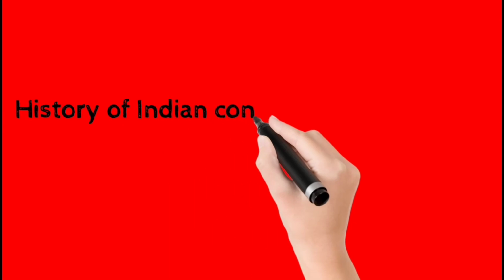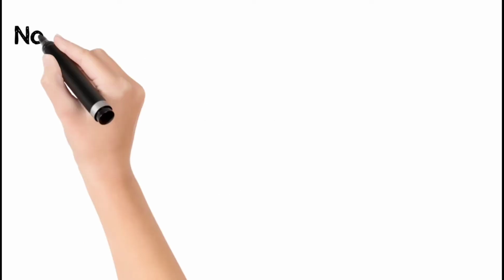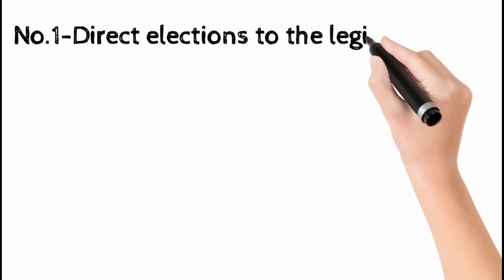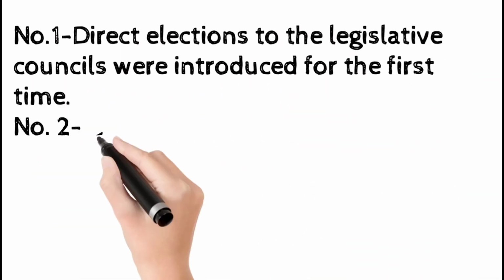History of the Indian Constitution: Indian Councils Act 1909, the Morley Minto reforms. Number 1. Direct elections to the legislative councils were introduced for the first time. Number 2.